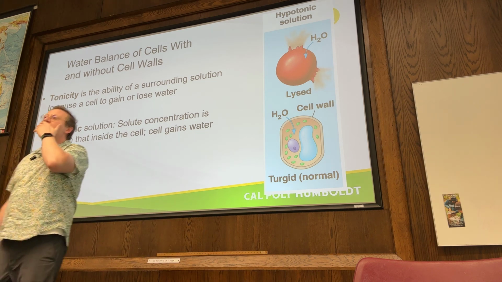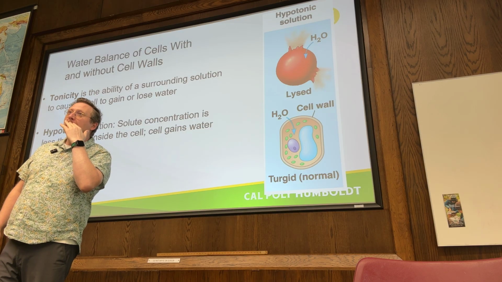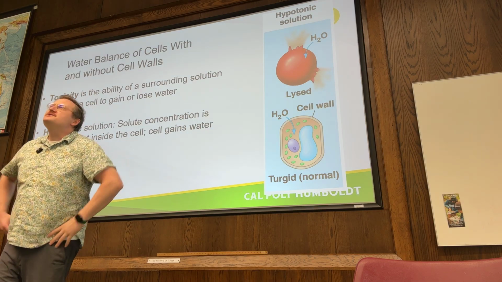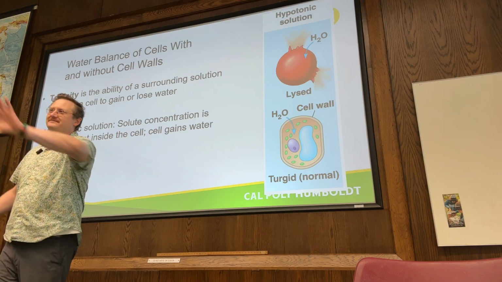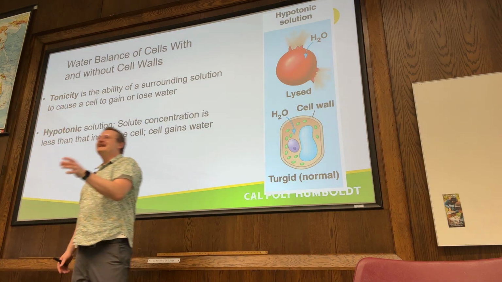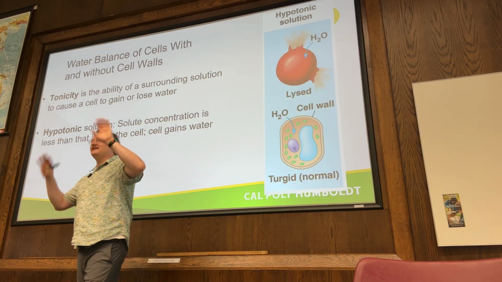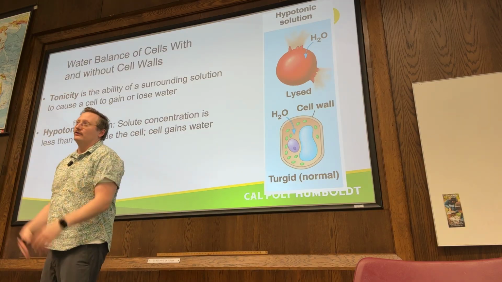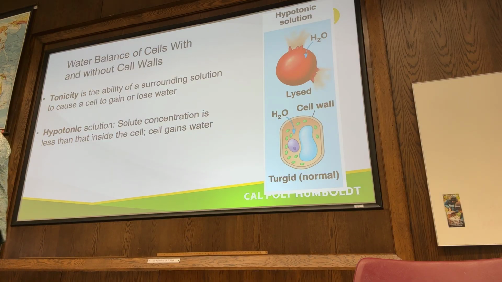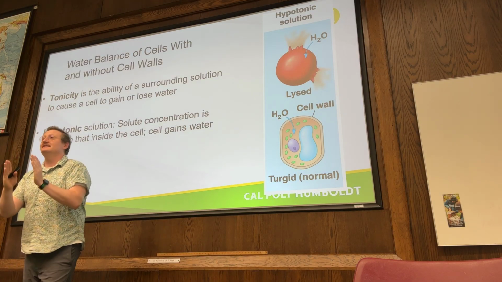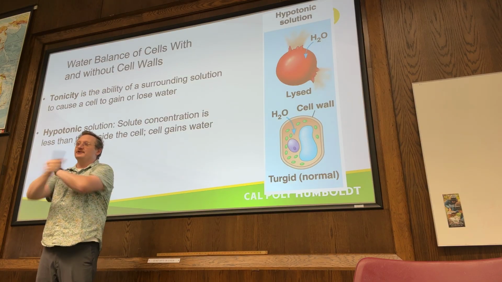I was going to ask, could a solution ever be so hypotonic that even cells with cell walls explode? I don't know of any examples of, no. Well, I don't want to just say no. It depends on the stability of the cell wall. I have to give you all of the scientist talk where I say there's always an exception. But if we're talking about a healthy, mature plant cell, then no. You can put it in pure water and it's not going to explode.